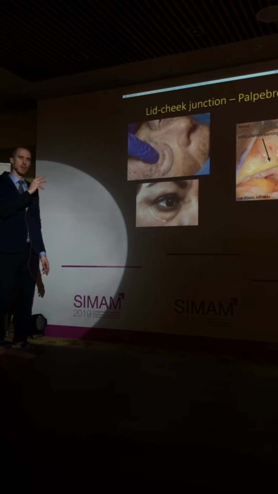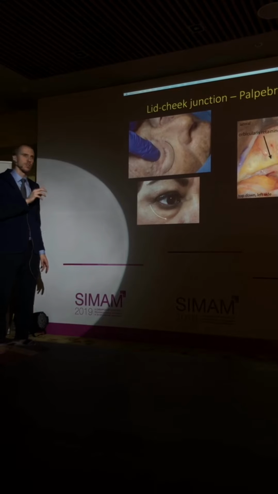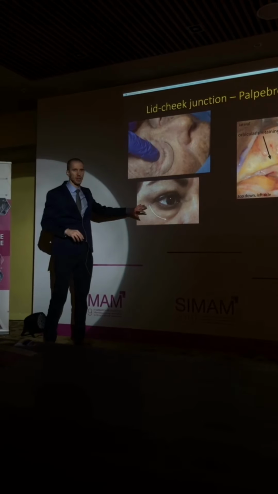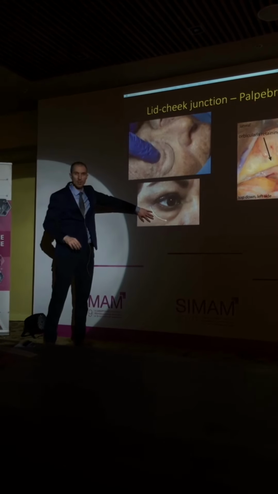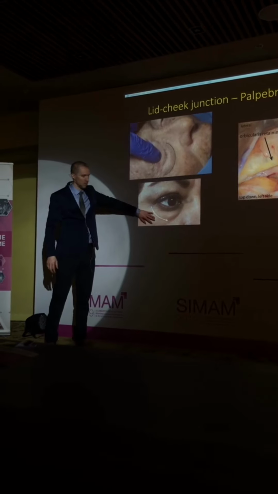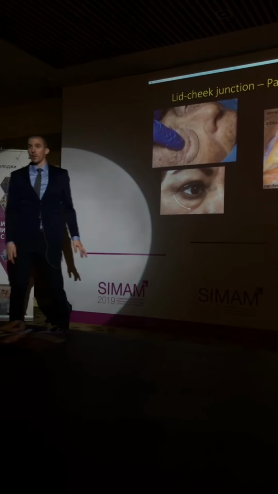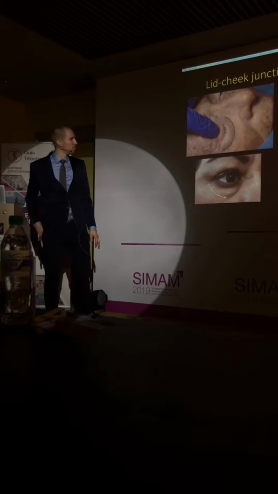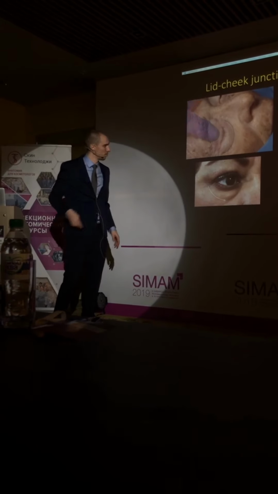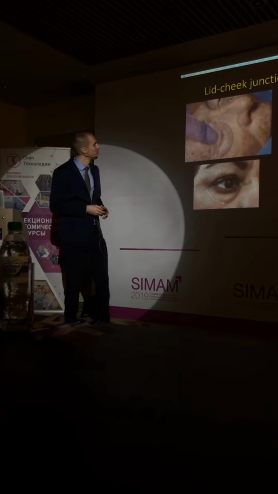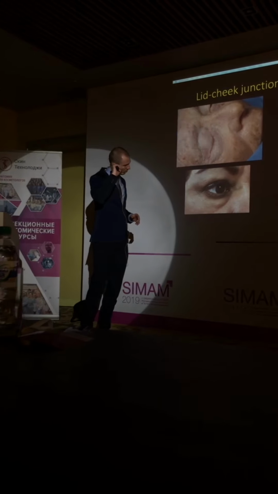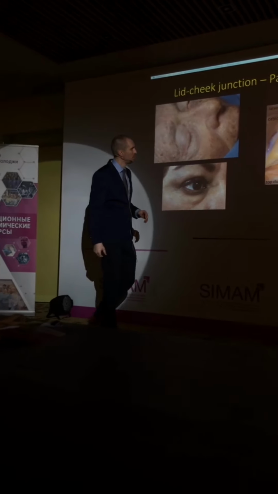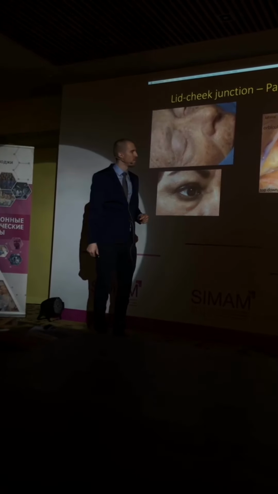We will see this in absolute detail. I just wanted to tell you at the very beginning that here is the location of the SOOF, the suborbicularis oculi fat, the fat located under the orbicularis oculi muscle.